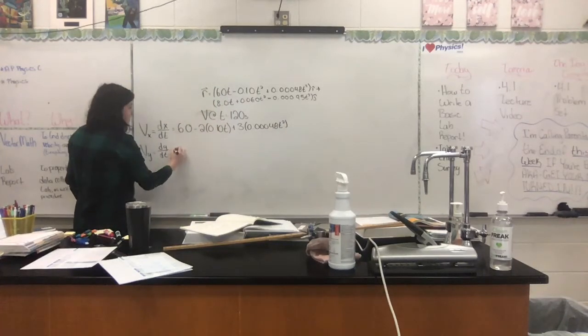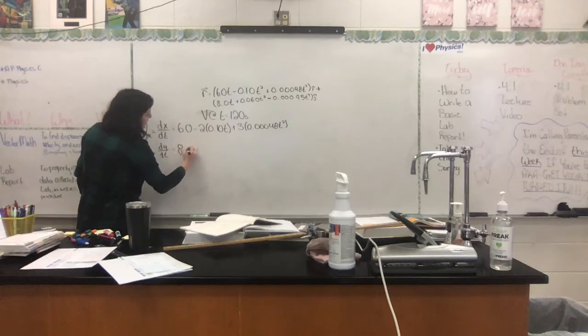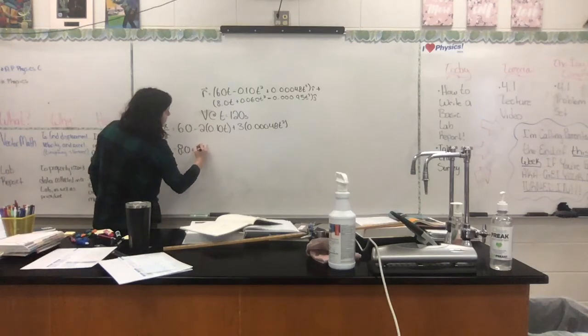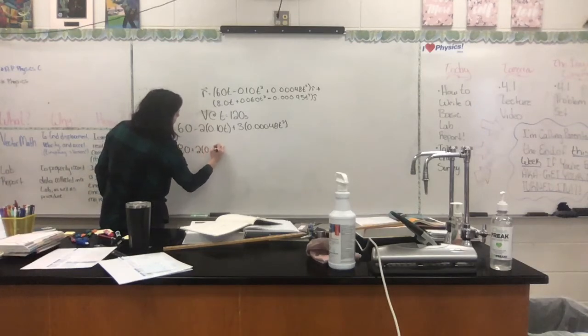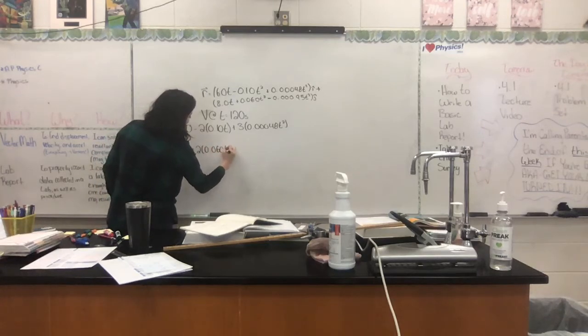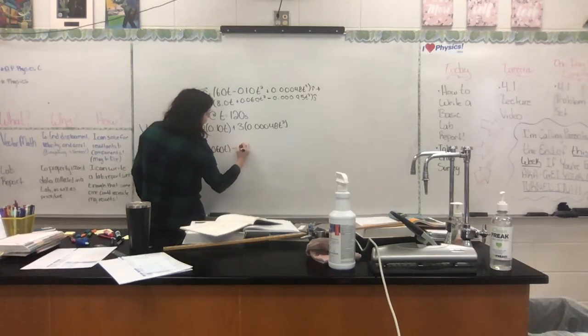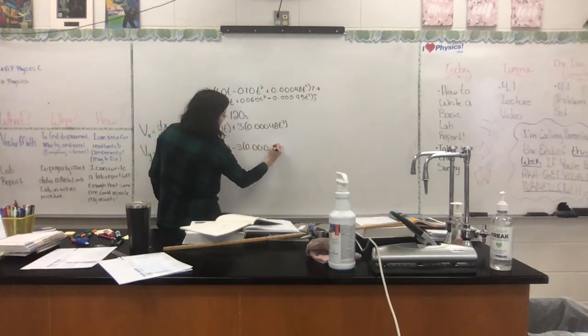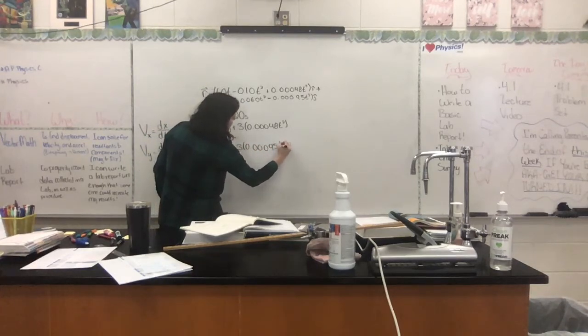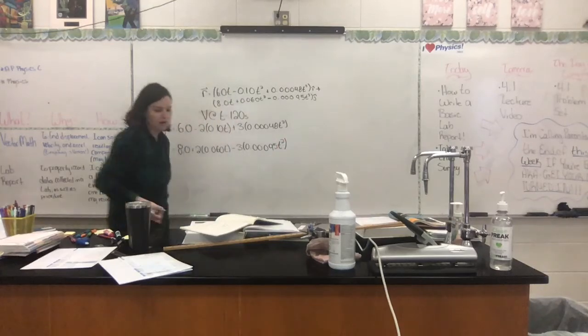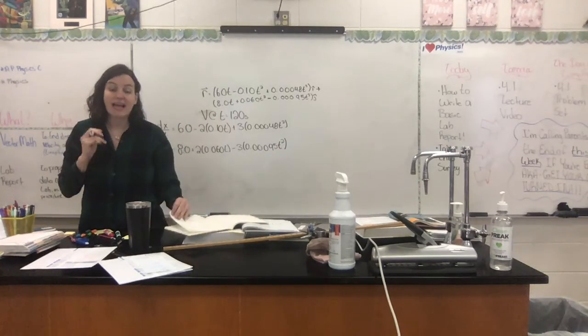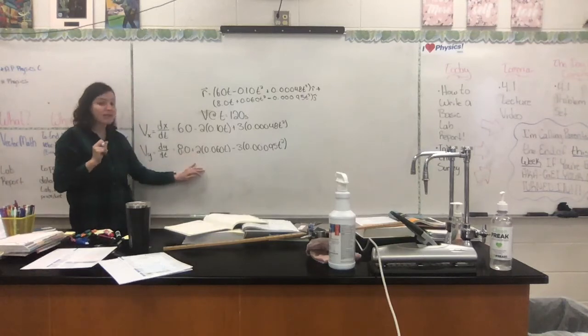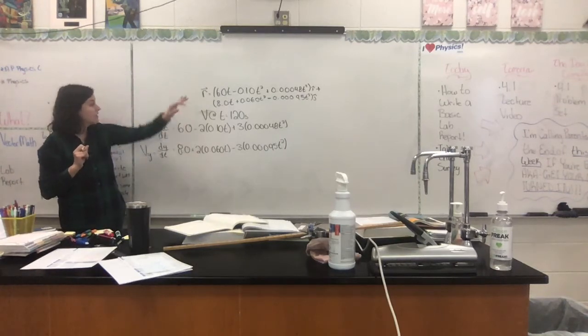And then for this one, it's going to be 8.0 plus 2 times 0.060t minus 3 times 0.00095t squared.